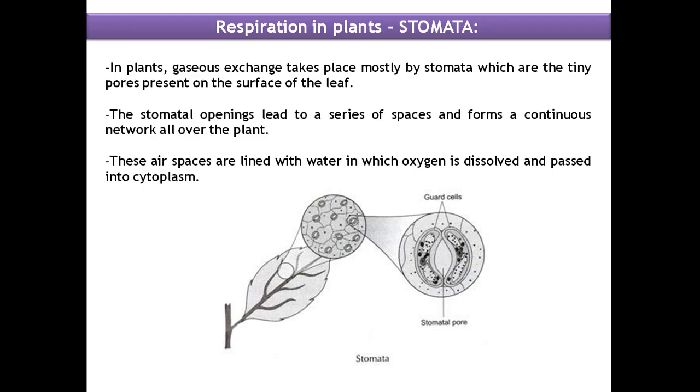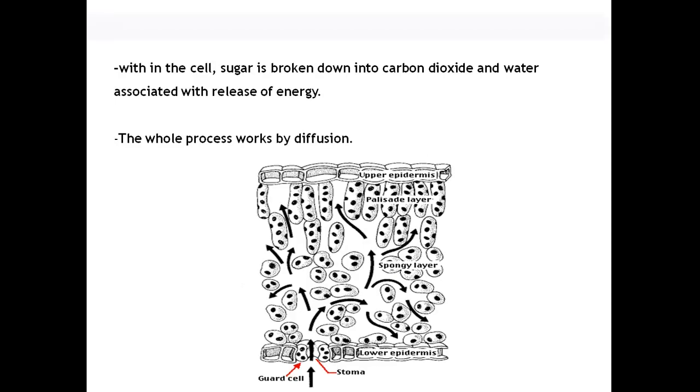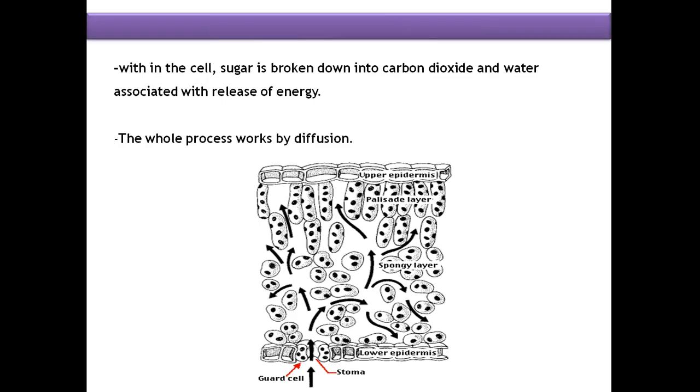The oxygen present in the air spaces is dissolved in the water and passes into the cytoplasm of the cells through the pores of the cell wall. Within the cell, sugar is broken down into carbon dioxide and water, and energy is also released. The carbon dioxide passes out from the cell to the air spaces and to the outside through stomata. The whole process works by diffusion.